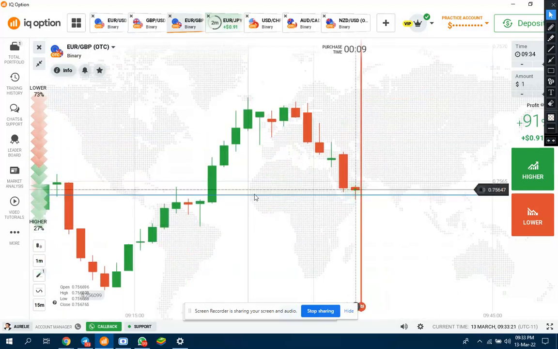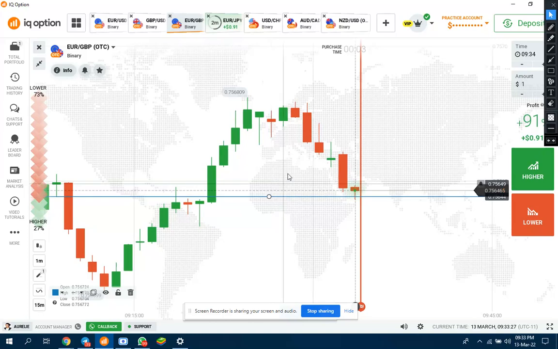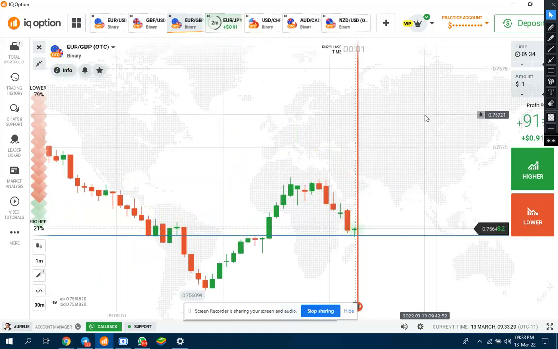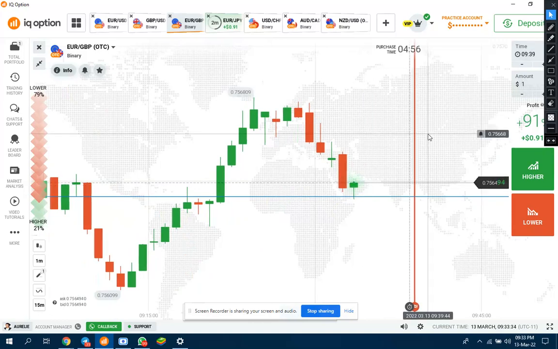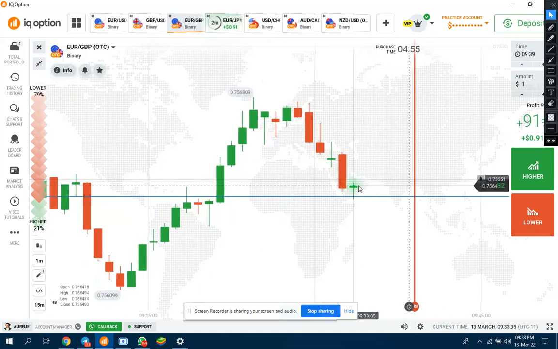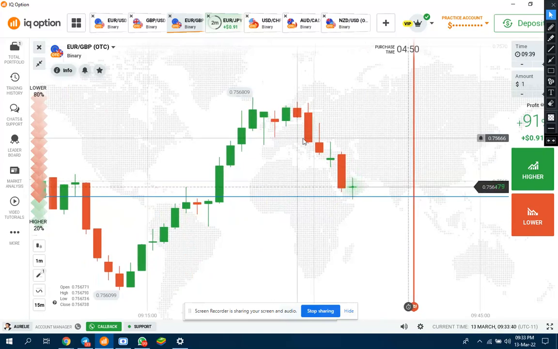So that is why it's also okay. Let's see this. This is the actual level. Here I should expect buyers' entry. Let's wait for this candle to close.